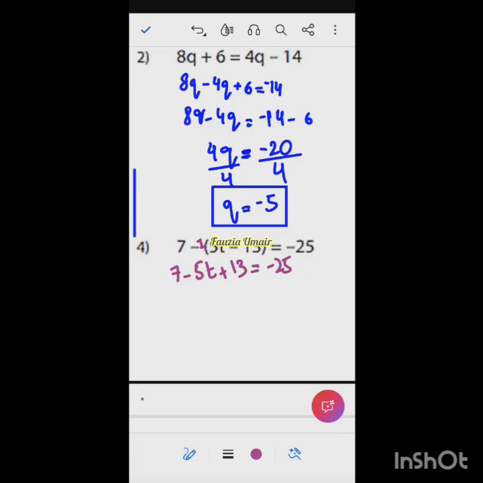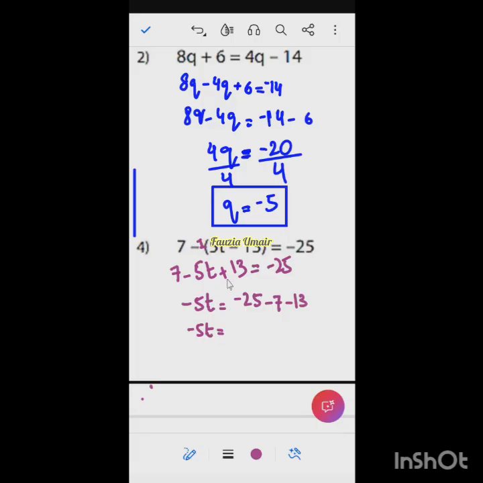Which two? 5 minus 5t and... There is only one variable term, this is minus 5t. That means I will take these both on the other side of the equation. This is minus 25. This plus 7 will be minus 7. This plus 13 would be minus 13. Right? Minus 5t is equal to.